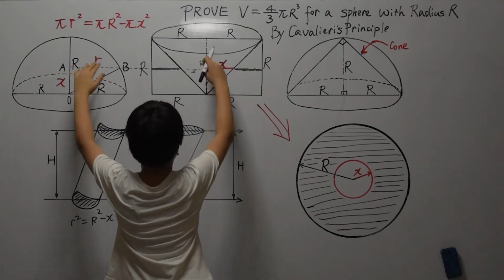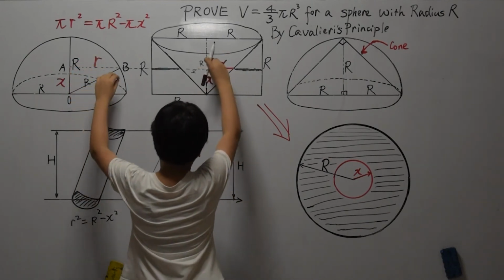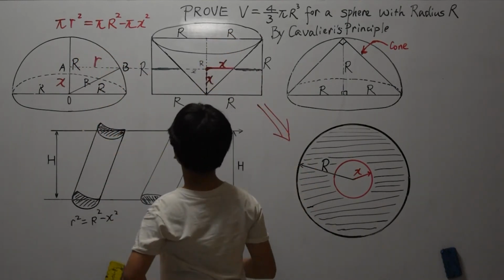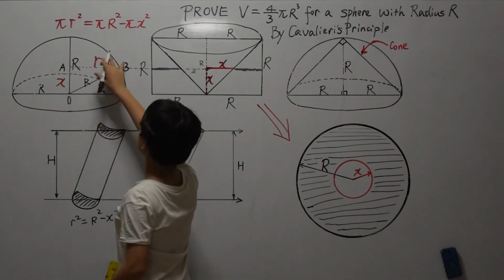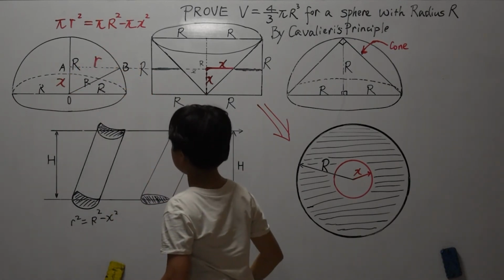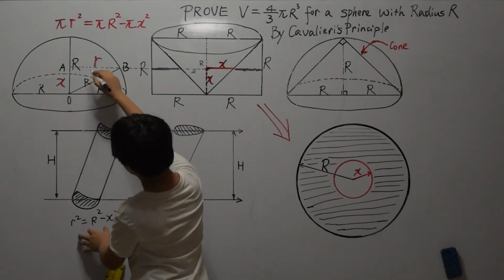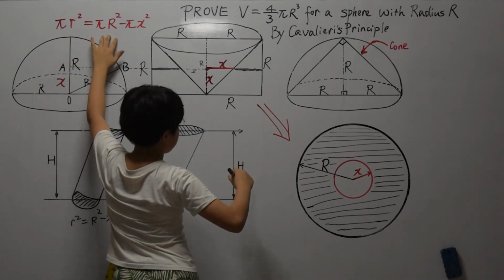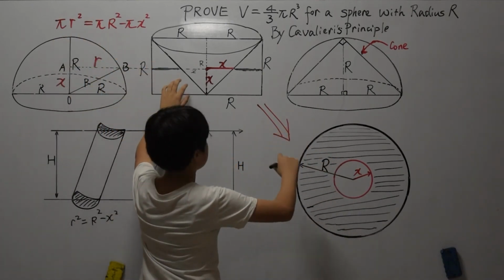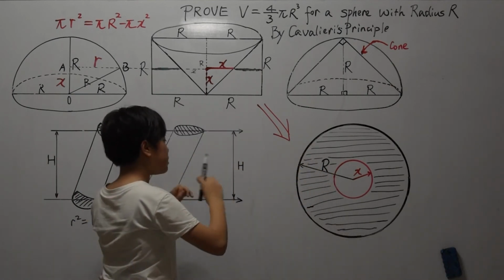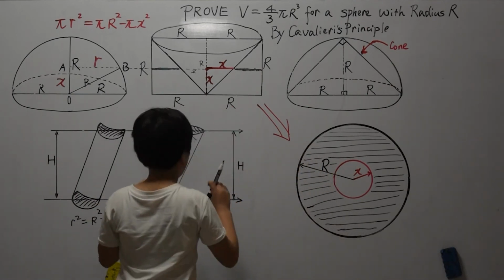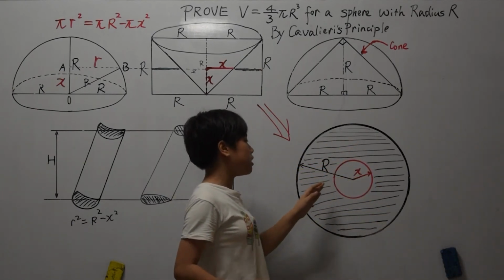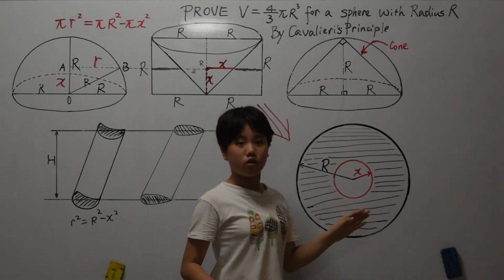If you go from the top to the end, this pi r squared is always equal to this part. This is by using the Pythagoras theorem: for each layer, this pi small r squared is basically this pi capital R squared minus this pi x squared.